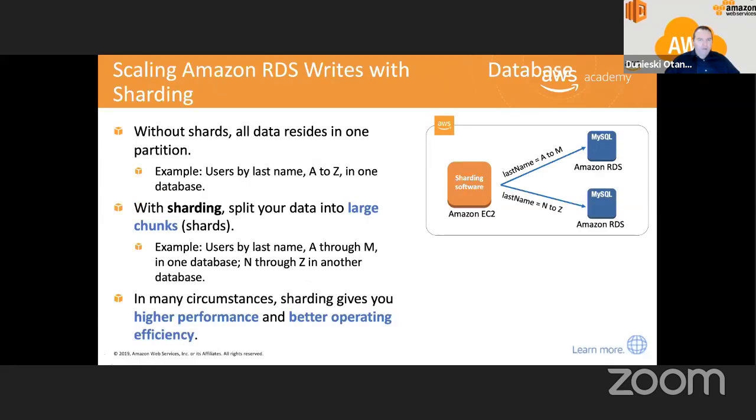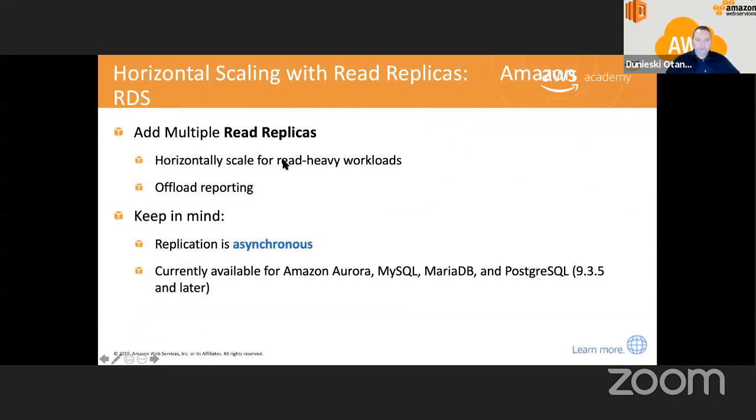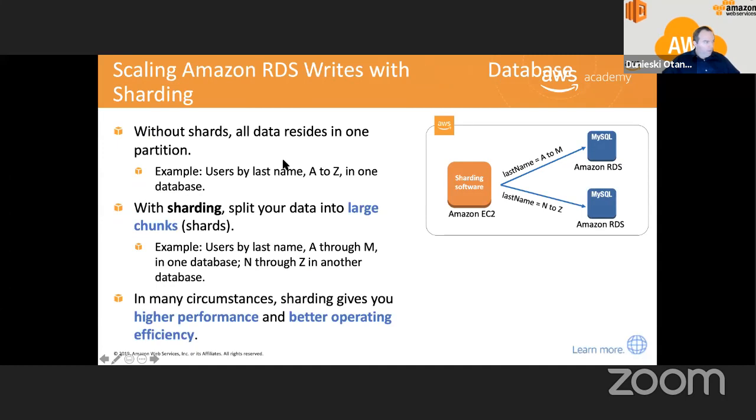Scaling Amazon RDS writes with sharding. Okay, sharding is like partitions, right? Partitioning of a database. Without shards, all data resides in one partition. When you have different shards, you have different partitions where the data can reside. And of course, the more shards you have, the more available you're going to be.